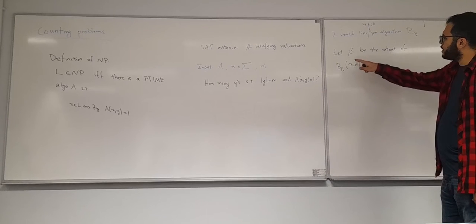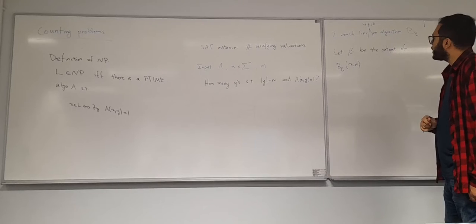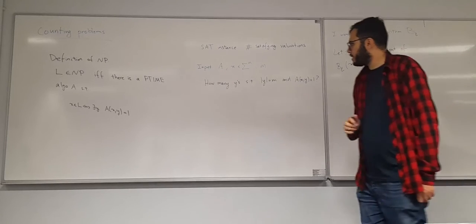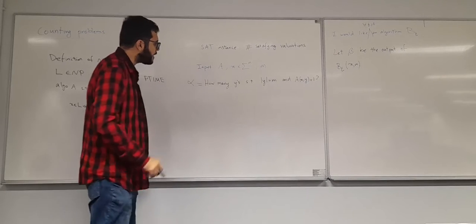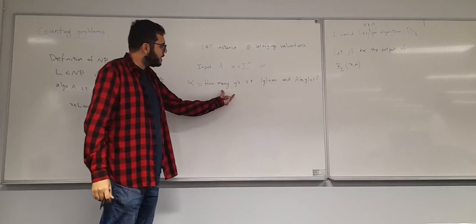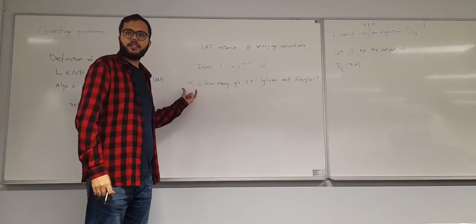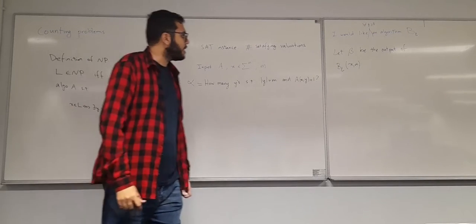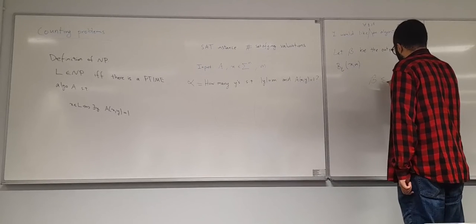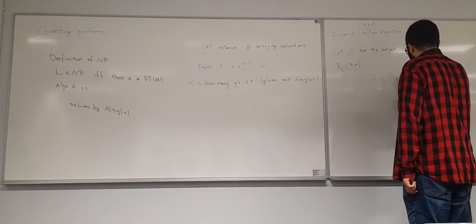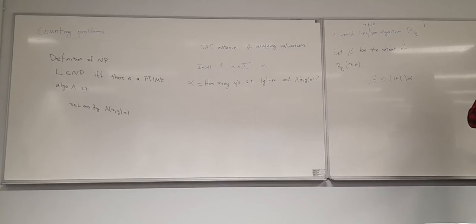So what do I want this beta to actually satisfy? Let me have another thing. Let's call this one alpha: the actual number of y's that can serve as a proof that x is in my language. So I want this beta to be at most 1 plus epsilon times alpha, because I don't want it to be too far off.